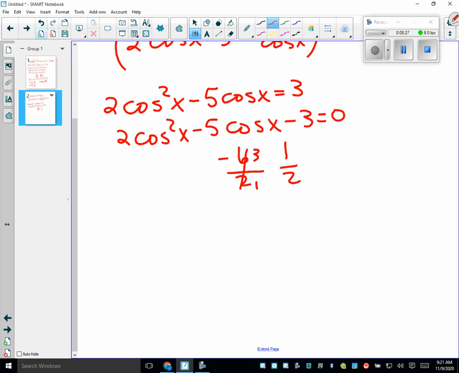So I have cosine of x minus 3 times 2 cosine of x plus 1. Where did what cosine go?